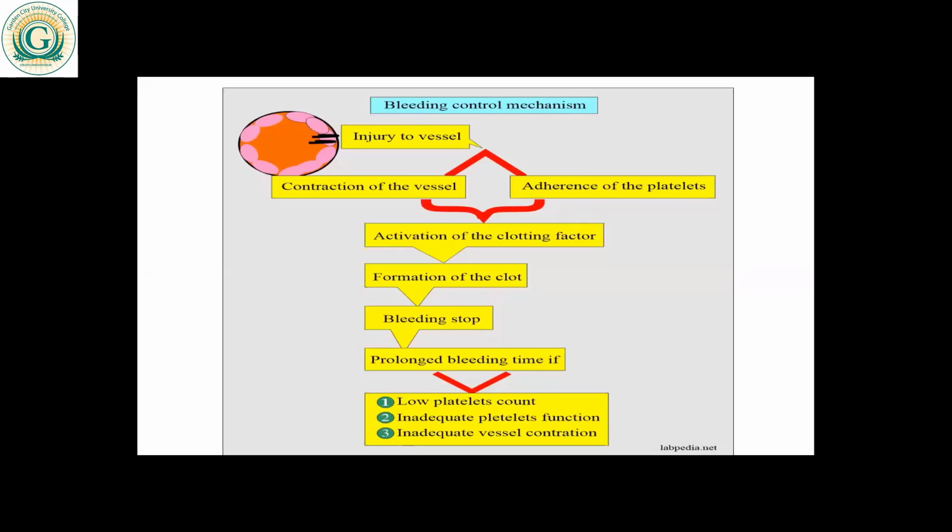When there's less contraction, the blood vessels can't constrict well. When they can't constrict, when there's a cut, blood will still ooze out because the blood vessel can't narrow. All these can cause prolonged bleeding time.